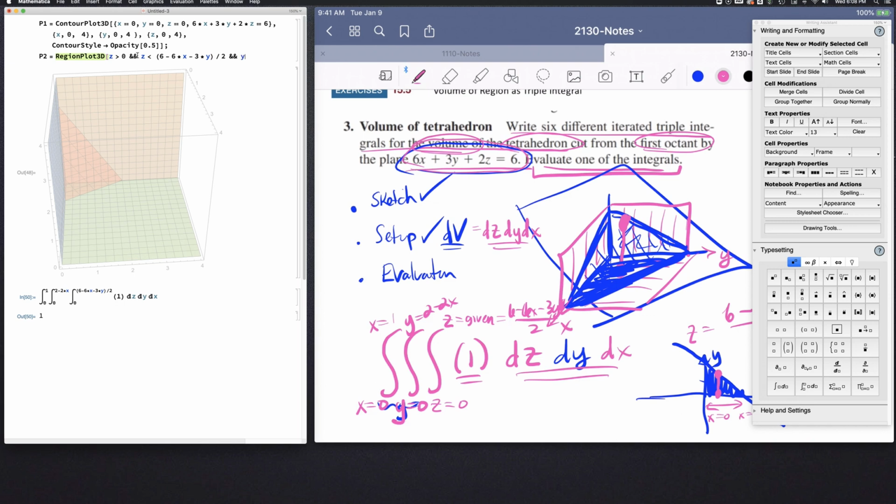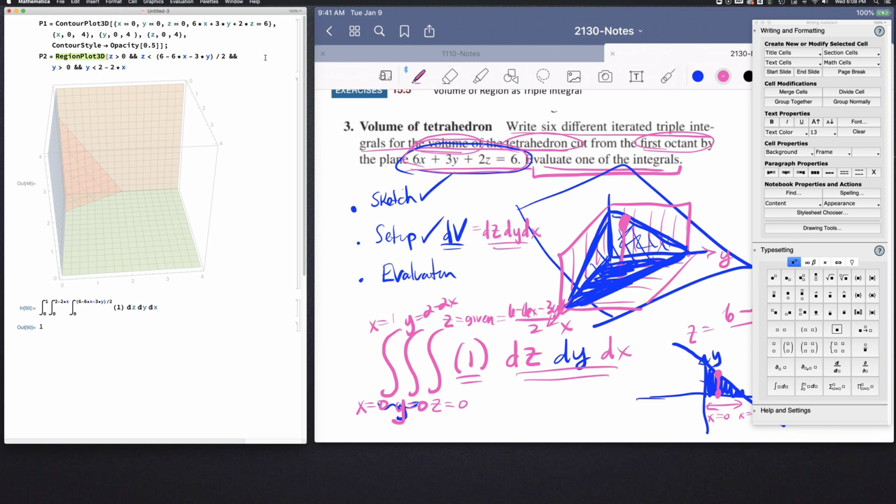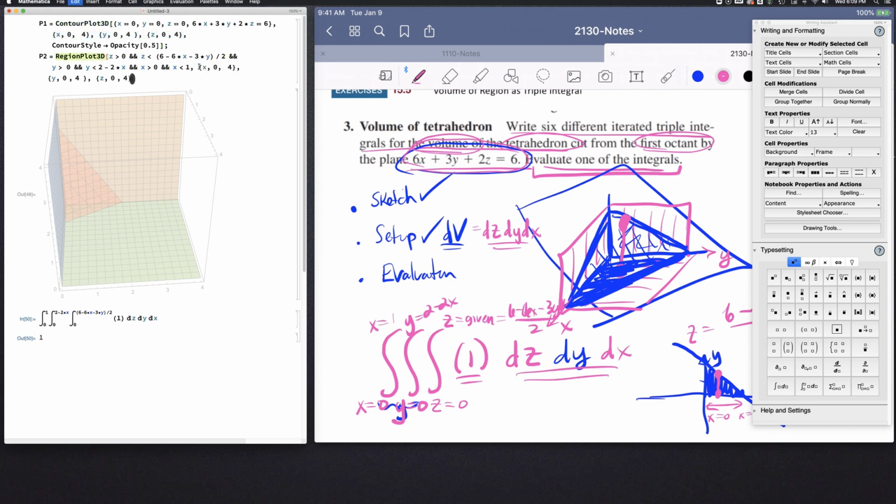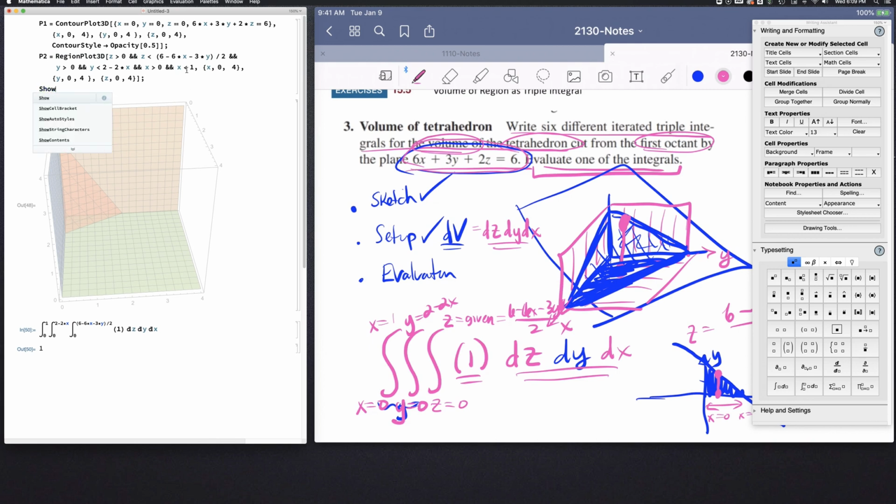And y is supposed to be bigger than 0, right here, but y is supposed to be less than 2 minus 2 times x, and x was supposed to be bigger than 0, but also less than 1. So if we get a region that fits right into where that triangle is, where the tetrahedron is, we'll know that we have the right answer. And so let's show these two plots together.